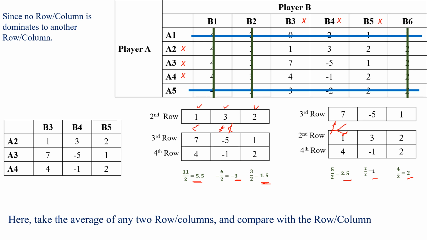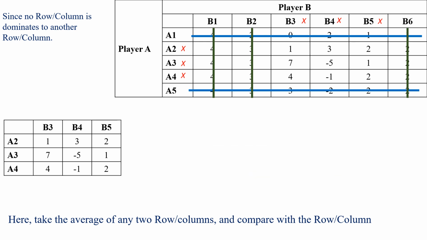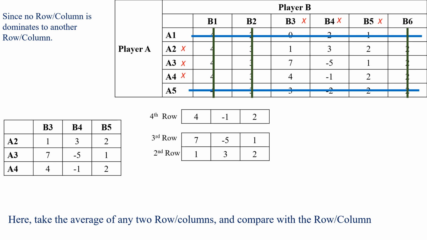Then compare the fourth row elements with the average of the third row and second row elements. The fourth row elements are 4, minus 1 and 2, and the average values of the third row and second row elements are (7 plus 1) divided by 2, which is 4, and (minus 5 plus 3) divided by 2, which is minus 1, and (1 plus 2) divided by 2, which is 1.5.